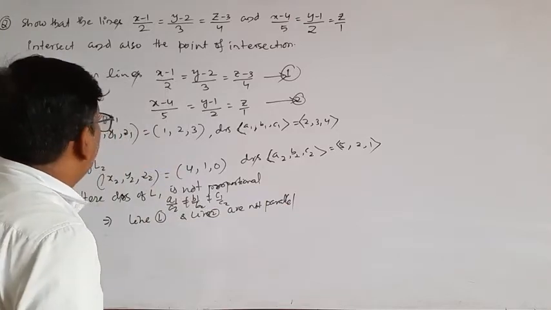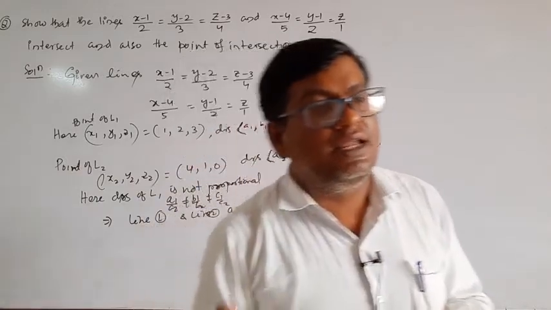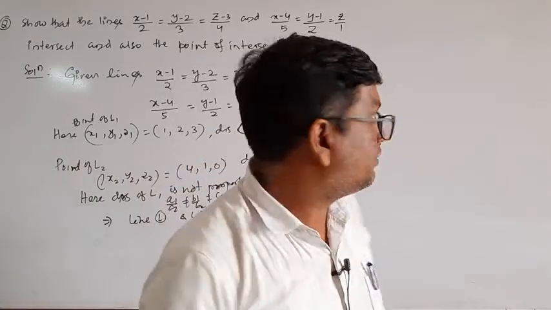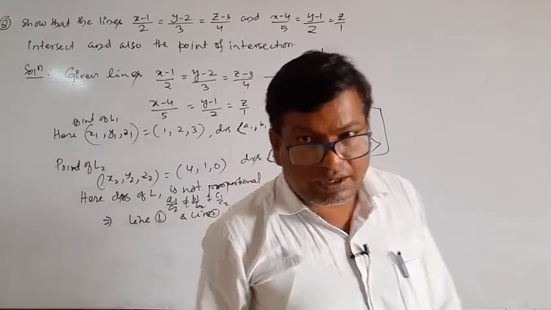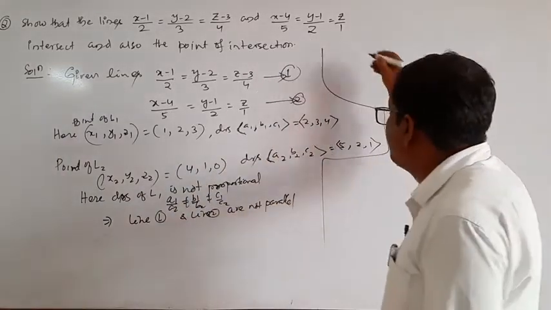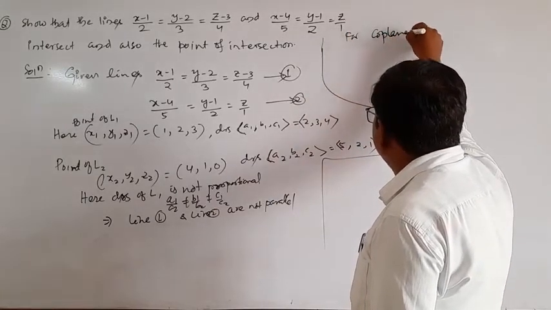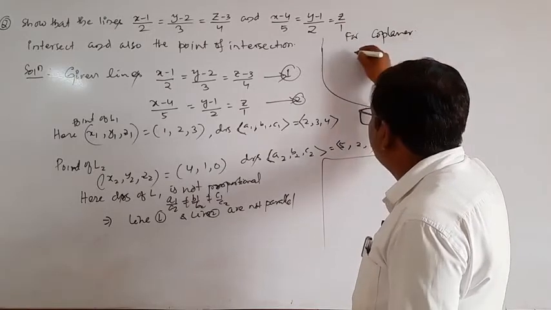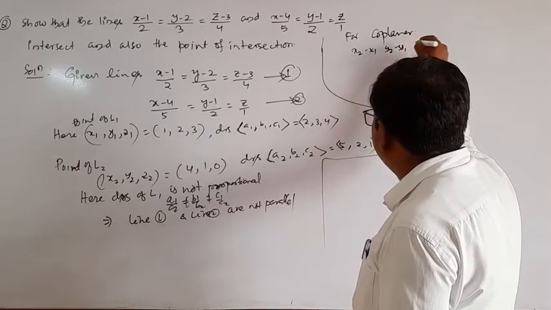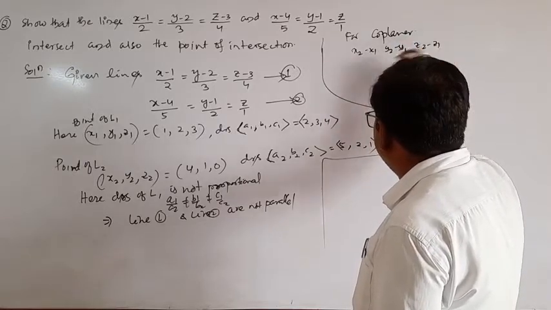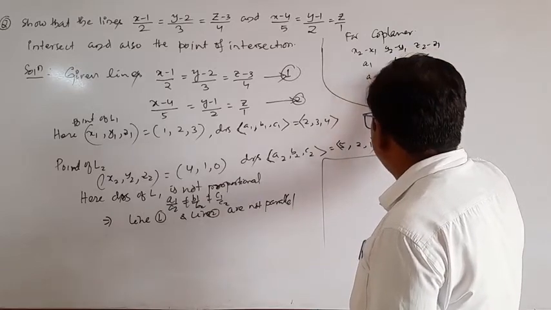Now we have to verify that they are coplanar. If two lines are intersecting, the lines are not parallel and coplanar. Now the condition for coplanar. Test for coplanar: the determinant with rows (x2 minus x1, y2 minus y1, z2 minus z1), (a1, b1, c1) and (a2, b2, c2).